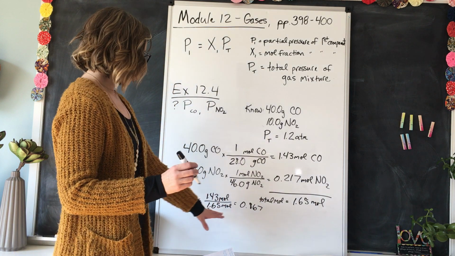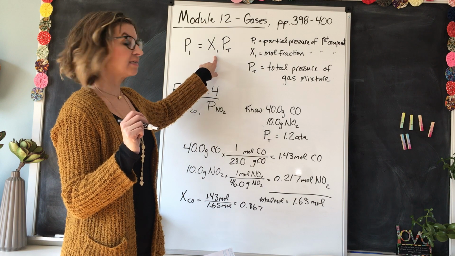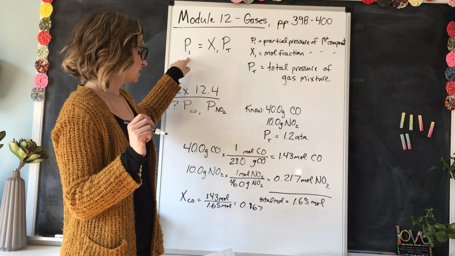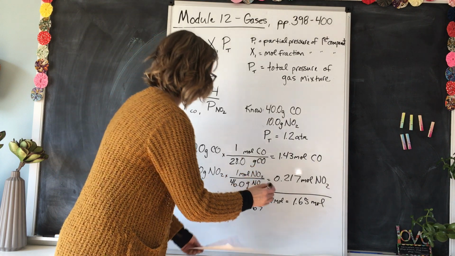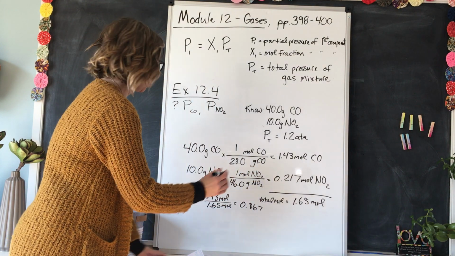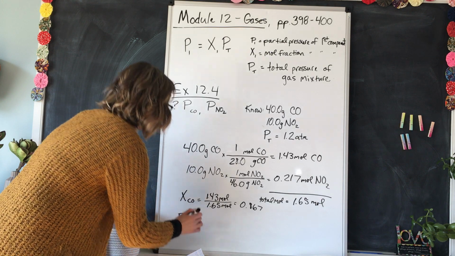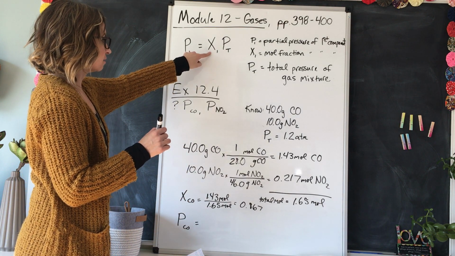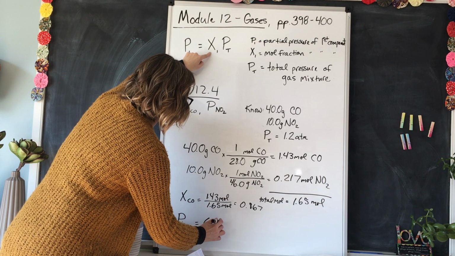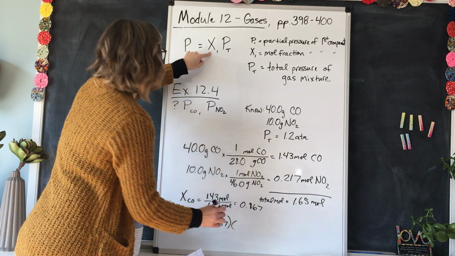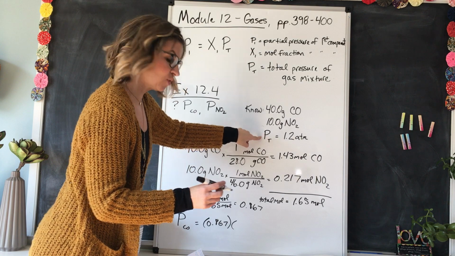equals 0.867. So now that we know the mole fraction for carbon monoxide, we can plug it into this formula and figure out its partial pressure. So its partial pressure would be equal to, we'll put P of CO, would equal the mole fraction of CO, which is 0.867, times the total pressure, which we were given was 1.2 atmospheres.